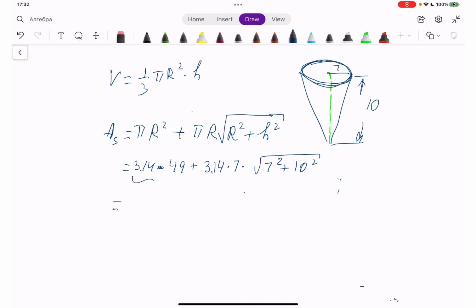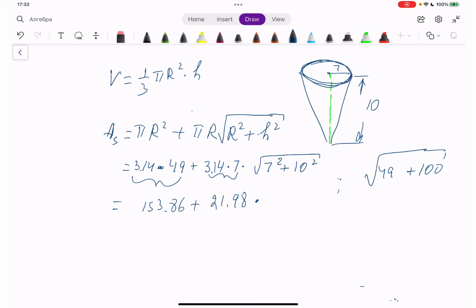This is going to be, this piece, 153.86. And then plus, let me multiply this piece, 3.14 times 7. This is going to be 21.98, and multiplying by, so what do we have here? Square root, 7 squared 49, and plus 100.